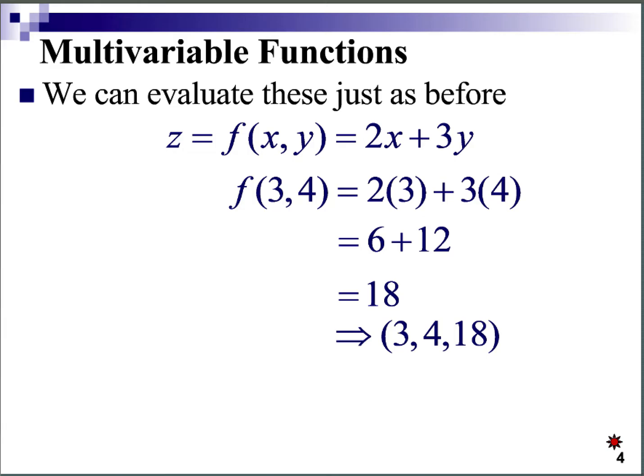X is 3, y is 4, z is 18, and z is the height off of the ground. So you can sort of think of a room of 3 dimensions, the length, the width, and the height, and the height is the z value. The floor is the original xy plane that we've seen before. So let's take a look at what this might look like in visual form.